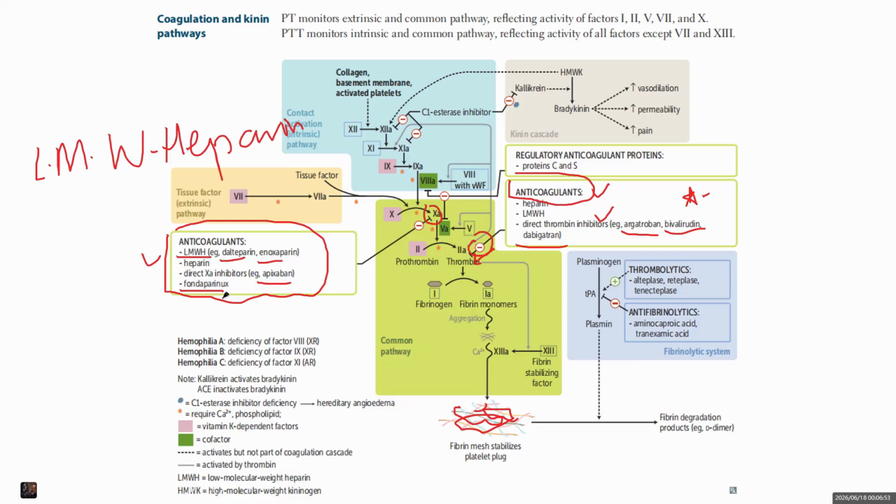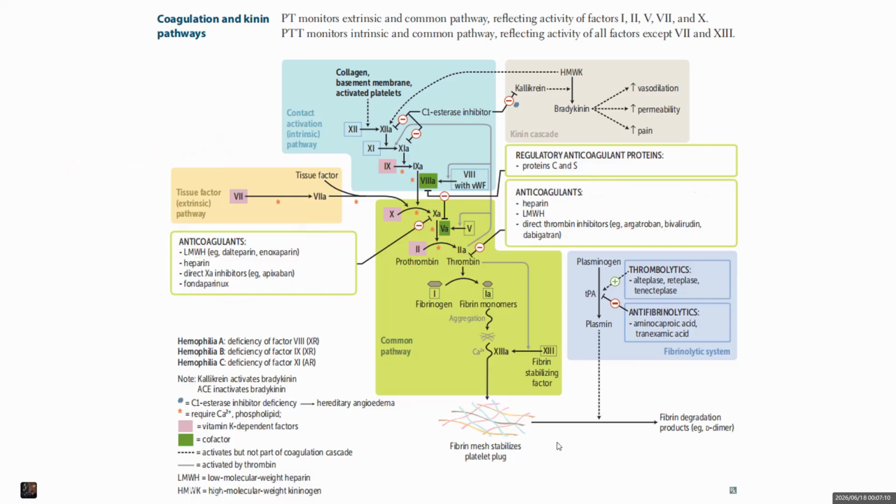All of these are known as the direct inhibitors of factor 10a. So all these drugs reduce the clot formation by interfering with factor 10a activity, or we can simply say the thrombin activity, because if we do not have factor 10a, we do not have the formation of factor 2a activity.